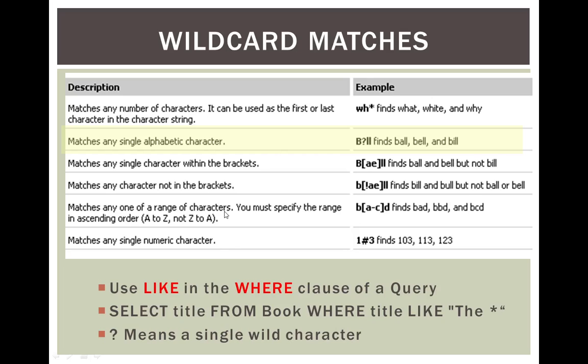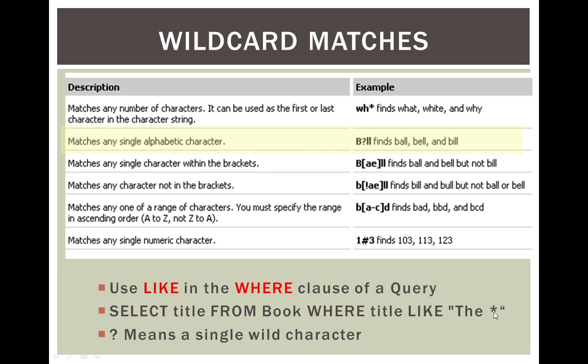Some other, and this is really just the same thing. The only difference here is we've got the asterisk. The asterisk is the wildcard of all wildcards. So if I use an asterisk somewhere, it's going to return anything. An example here is SELECT title FROM book WHERE title LIKE 'the*'.